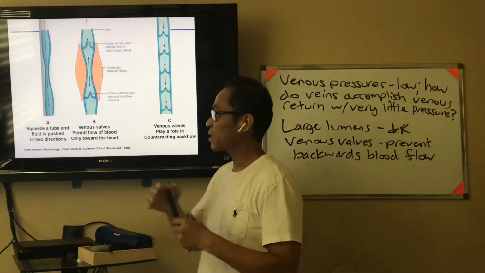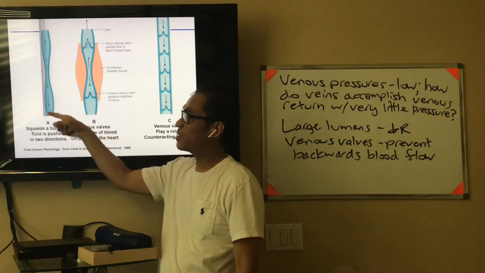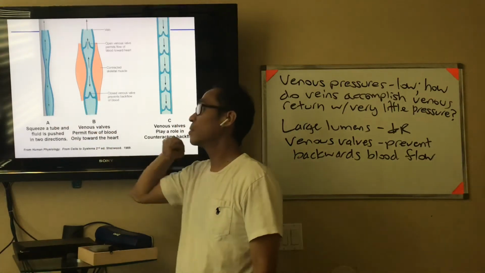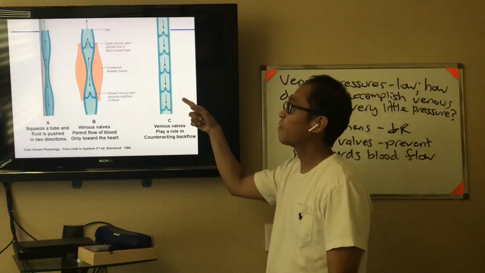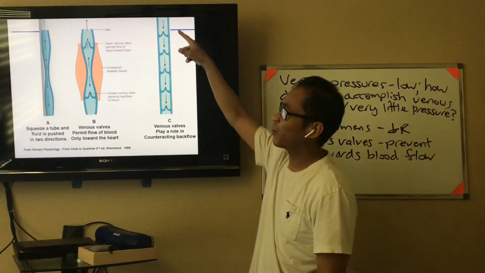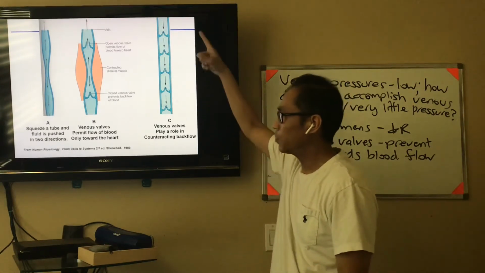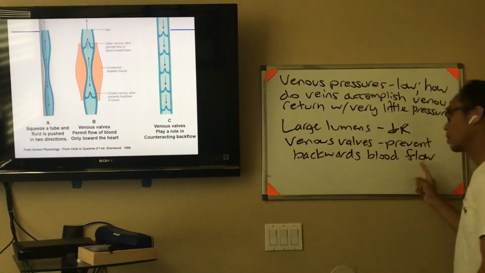So in a generic example over here, A, if you squeeze the tube filled with fluid, you'd squeeze the fluid in both directions, okay? Or here in C, with the valves in a vertical column, in each little section created by the valves when they're closed, you'd prevent counteracting blood flow. Okay, that's what I say here.